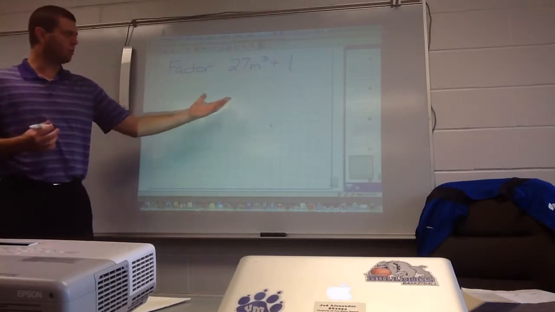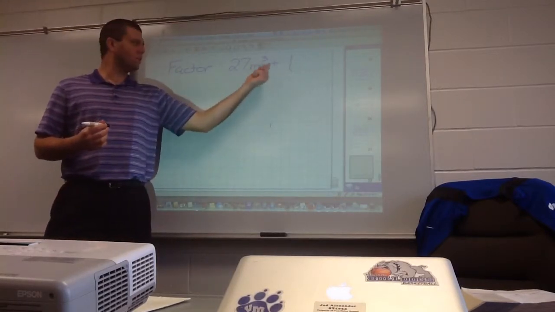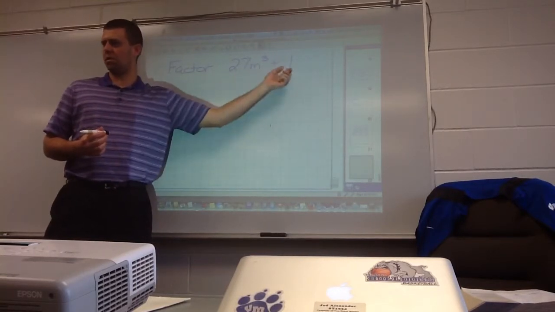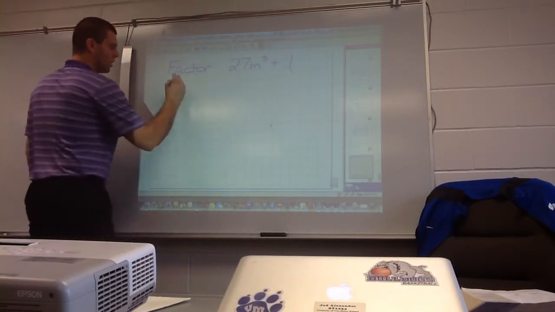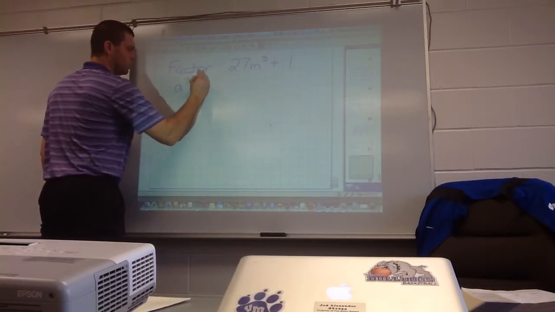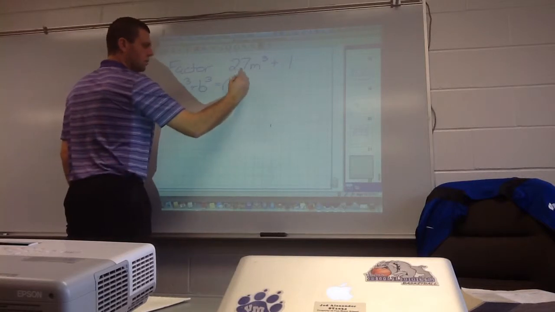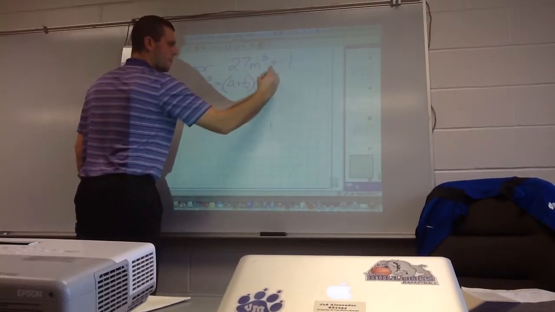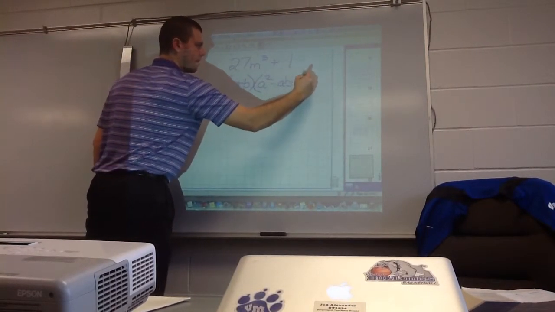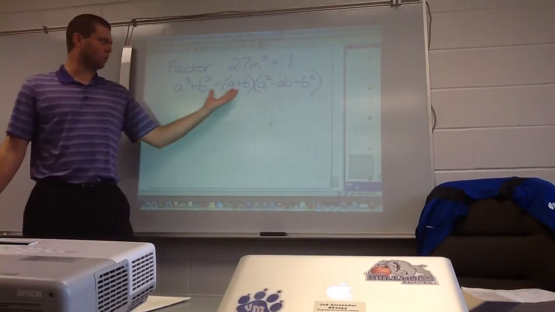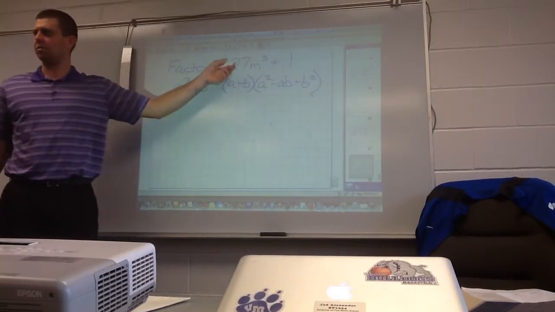So what you have here is the sum of two perfect cubes. So you're going to be able to use your a cubed plus b cubed rule, which is from your notes.